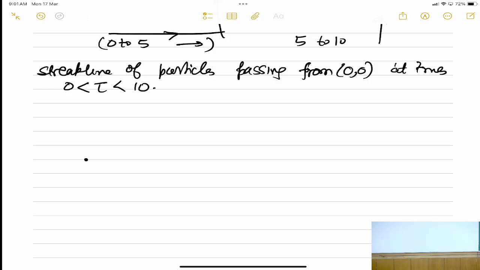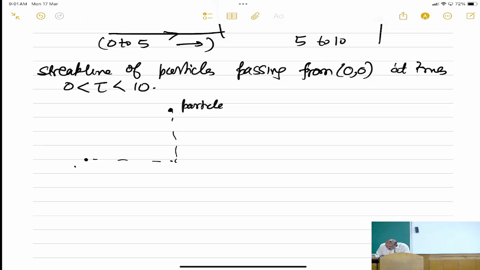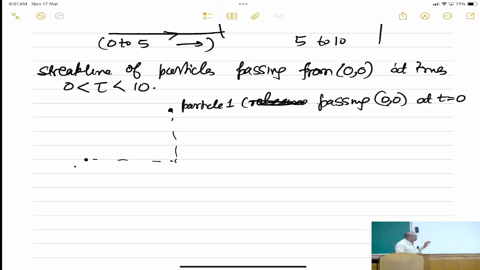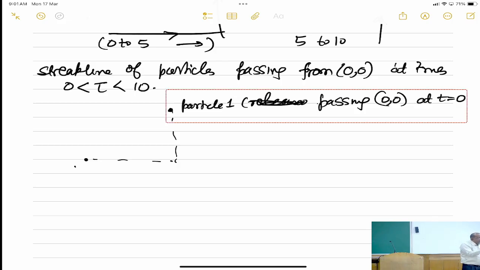So the first particle is the one passing 0, 0 at t equal to 0. The second particle passes at, let's say, t equal to 1.